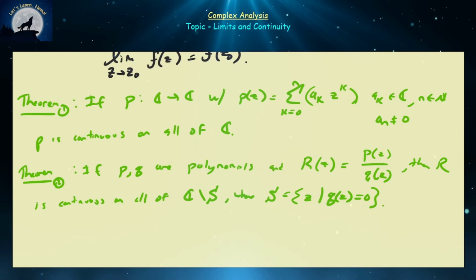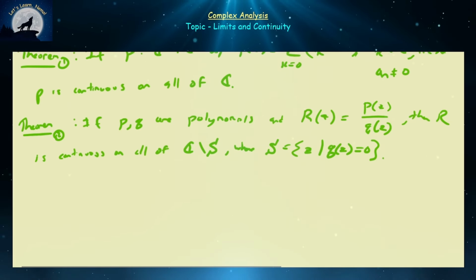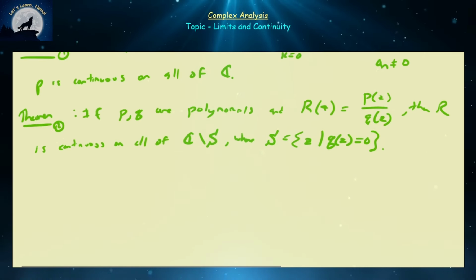So as long as the bottom polynomial does not generate the value 0, then it's going to be continuous at that particular point. Right, so rational functions and polynomial functions behave the same way they do in the realm of R.